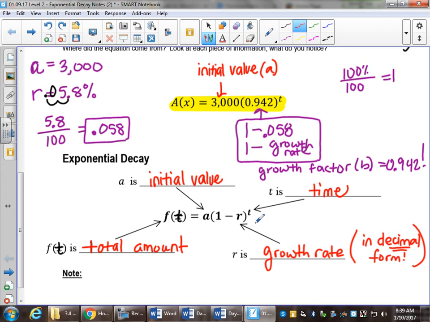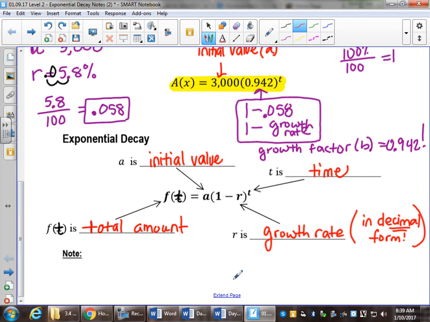So now that we have an understanding of where this model comes from, we still have a note, just like on growth. And the note sounds a lot alike, just like yesterday.